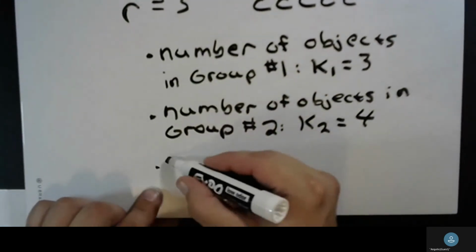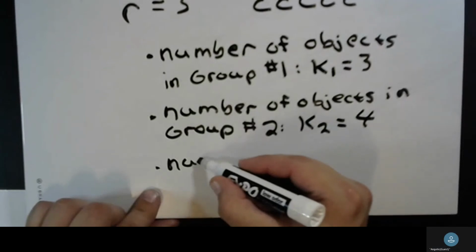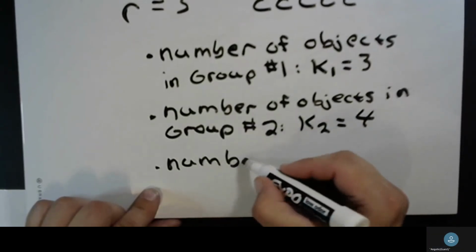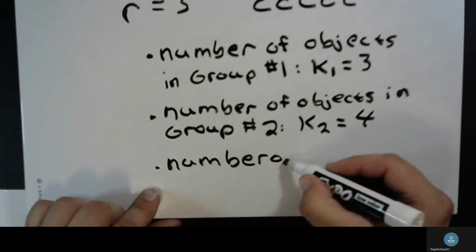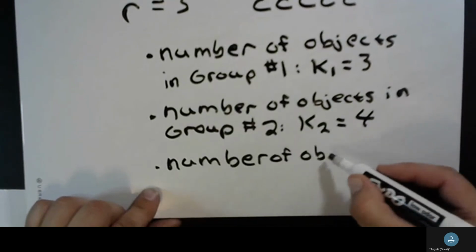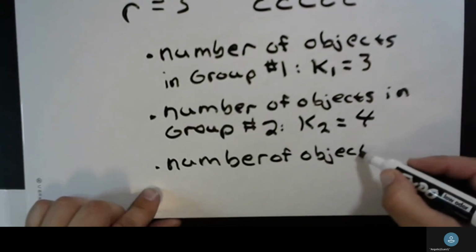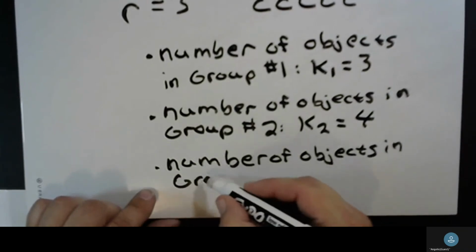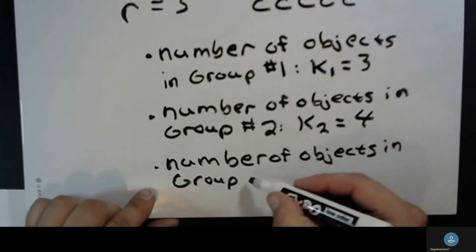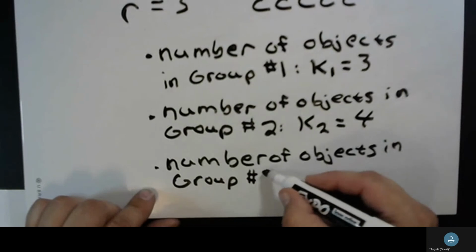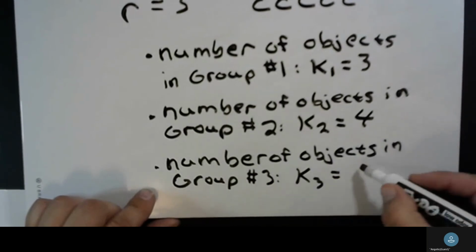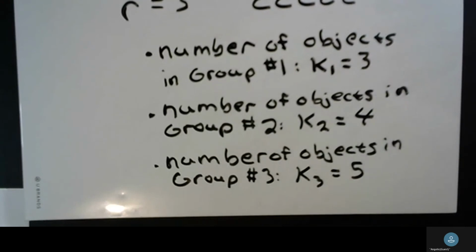And then finally, the number of objects in group number 3 is K sub 3, or 5.